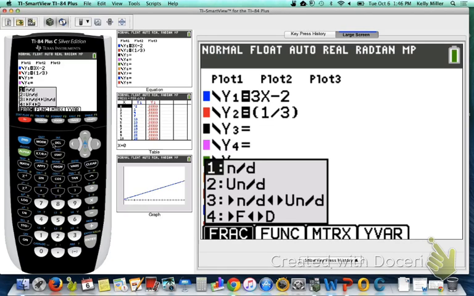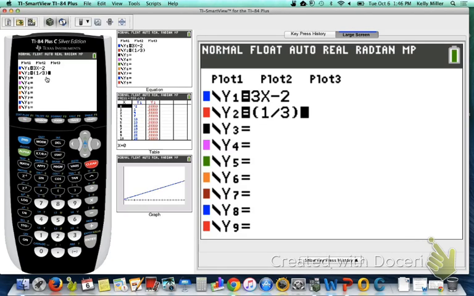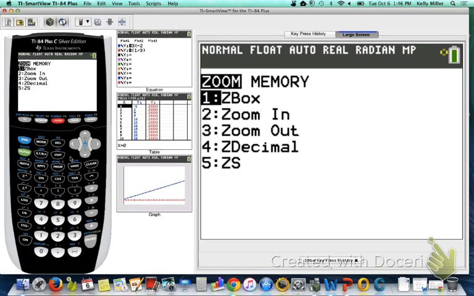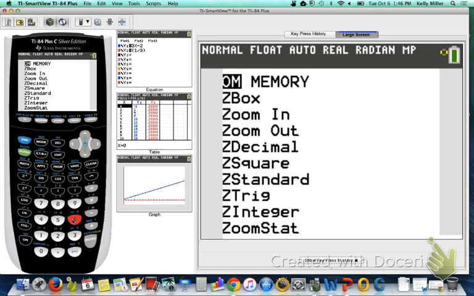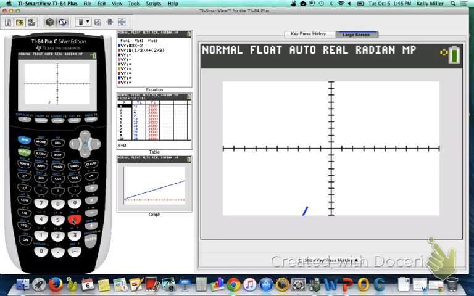So 1/3, that x, and it was plus 2/3. And then do a zoom 6, just to go to a standard 10 by 10. And then it should graph both of our lines for us.